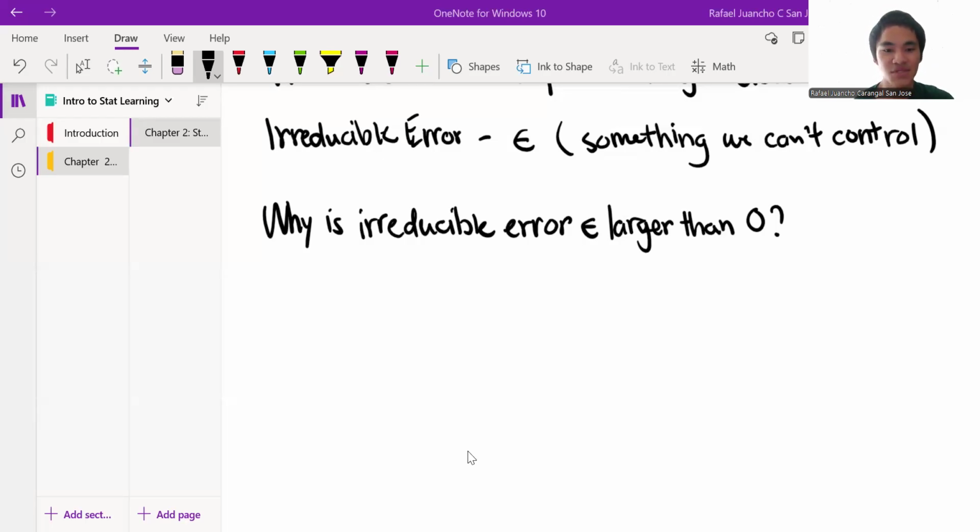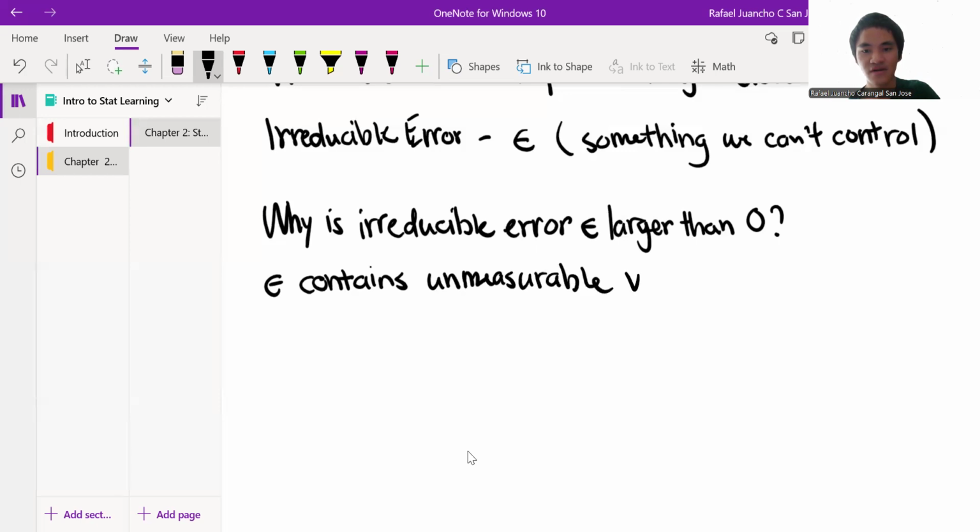And so that quantity epsilon may also contain unmeasurable variation. Oh, so that's what it means. This one contains unmeasurable variation. Now, what do I mean by unmeasurable variation in case it's still a bit confusing? We cannot measure variables.